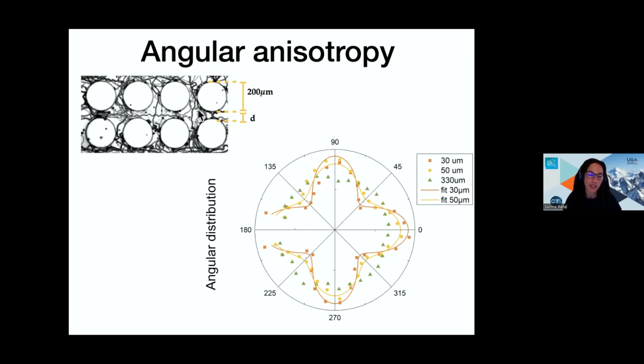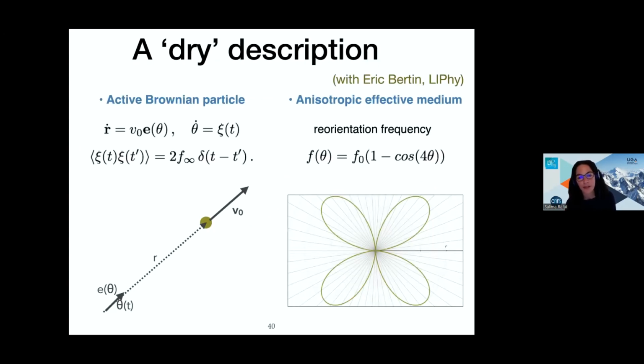So the trajectories are less represented in this direction than in those directions here. We can see here some particles that are traveling completely straight in between the pillars, and less in the 45 degree direction.